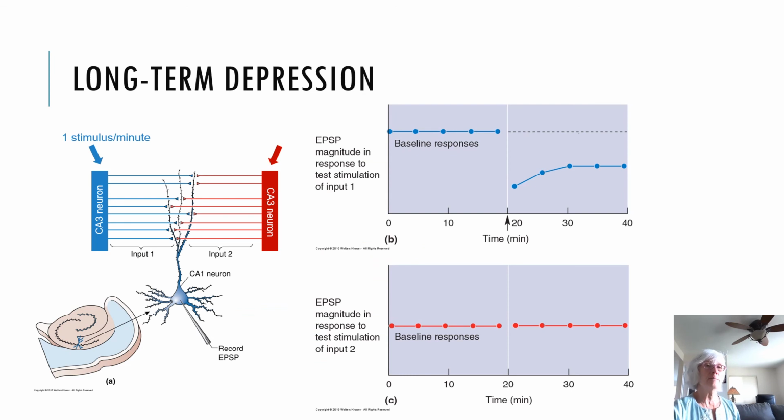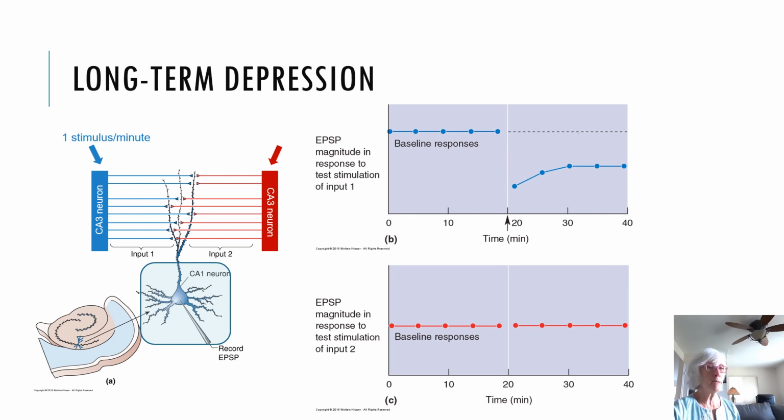And so we have something called long-term depression. And we're going to use the same setup with the isolated ex vivo entorhinal cortex and hippocampus section, and we're going to stimulate two different CA3 neurons electrically so that there is glutamate released on a CA1 neuron, and we're going to measure the EPSP that's produced in that CA1 neuron as a result.